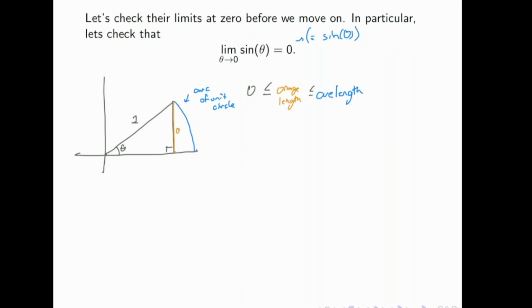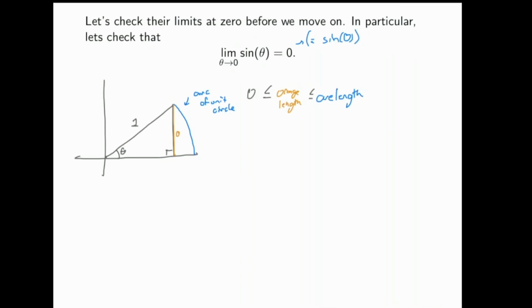Okay, so now all we have to really do is figure out what these lengths are. Well, we should know that the orange length is actually just sine of our angle. That's what we looked at in the last part. Because our hypotenuse is 1, the orange length is just sine of our angle. And because of the way that circles work, the arc length is just going to be, well, we can write it as the whole circumference, for example, so 2 pi times the radius multiplied by the amount of angle coming from theta.